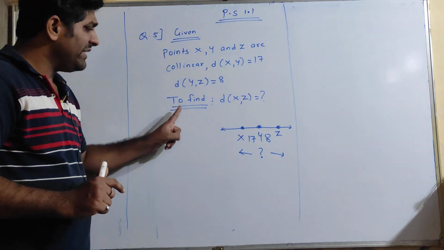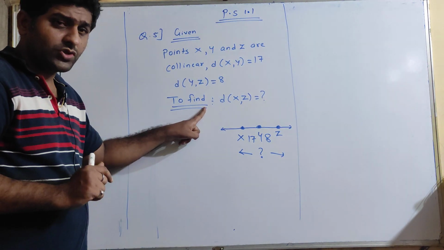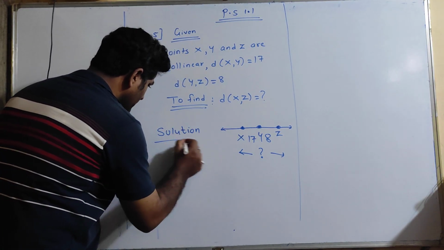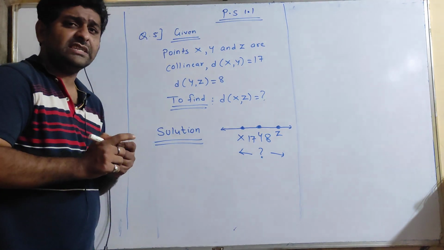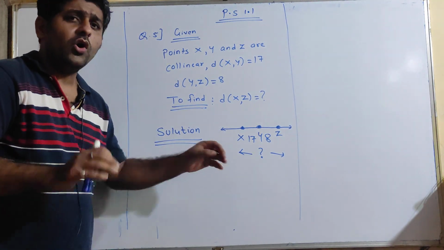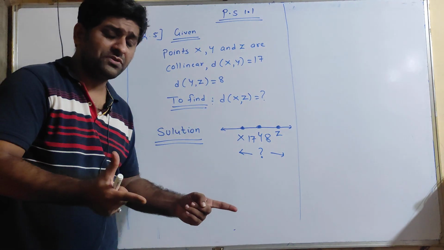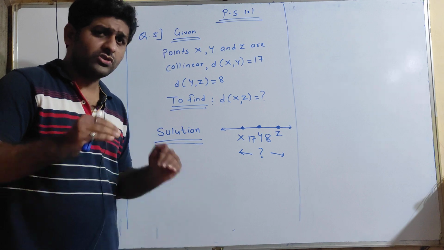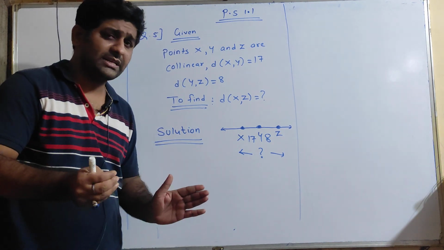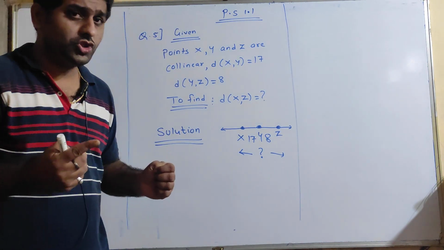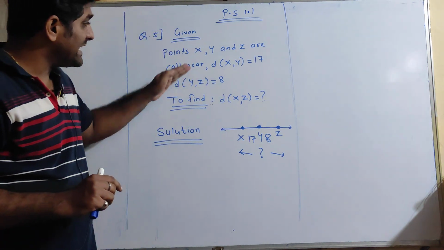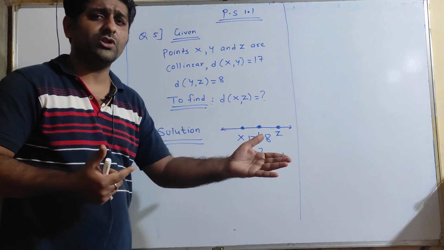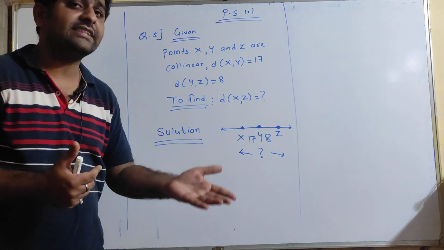Whenever there is "To find", remember that always in geometry we are going to write "Solution". And if there is a figure in geometry, always make it a point that for presentation purposes the figure is drawn on the right hand side. These are a few basic things I want you to understand whenever you solve sums in geometry. So remember, this is the basic pattern you are going to follow. Given means what you understand from the question, what are the values written in the question.